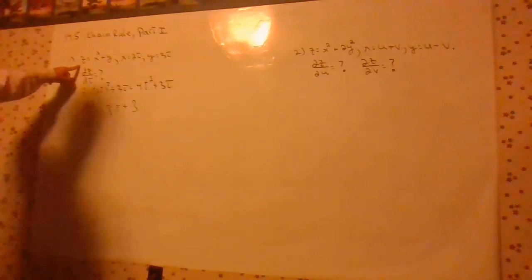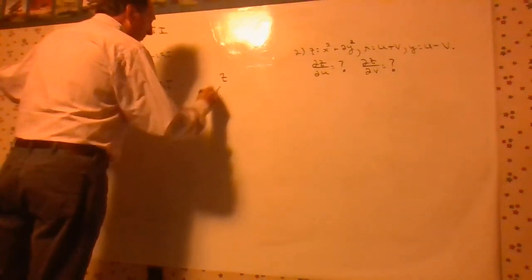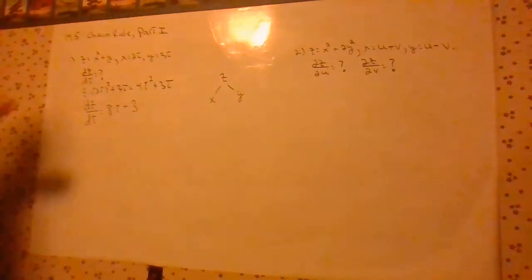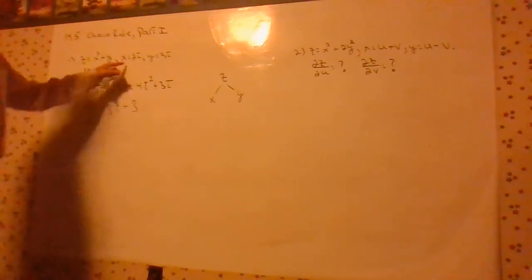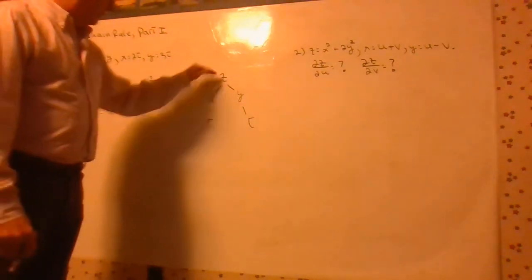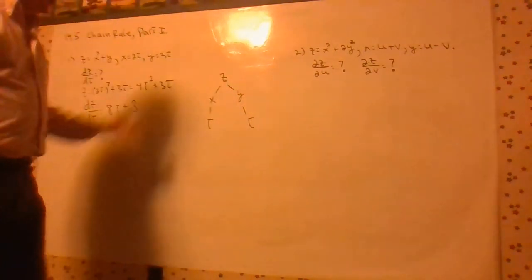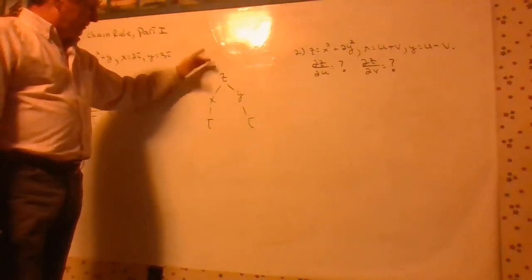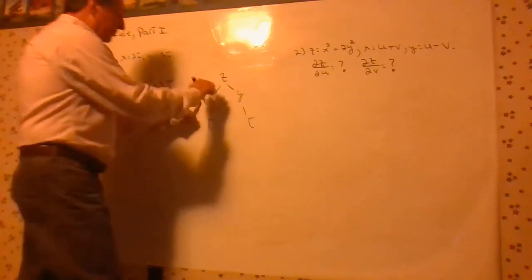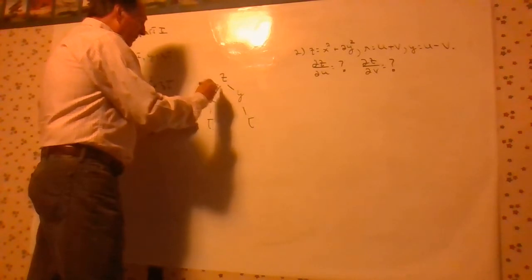We also have a chain rule for these multivariable functions, and we can develop a chain rule by using this tree diagram. Z is a function of both x and y, x is a function of t, y is a function of t. And it turns out each of these paths gives us one term, and each of these individual nodes, I guess you can call them, represent a partial derivative. This partial derivative is z subscript x.